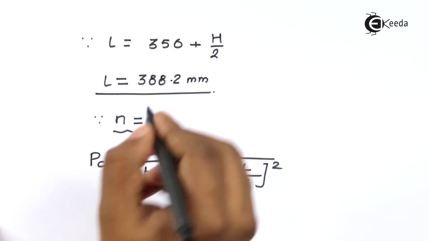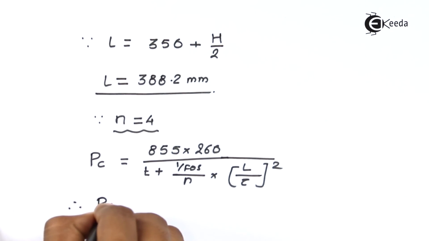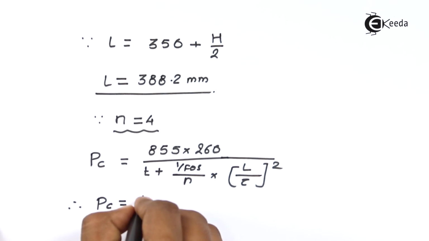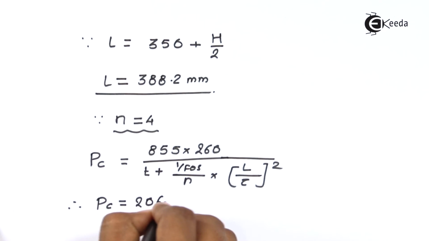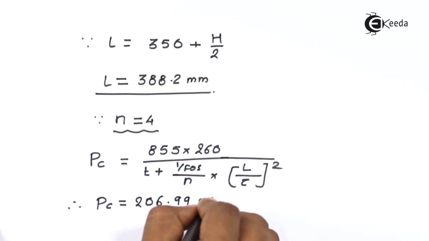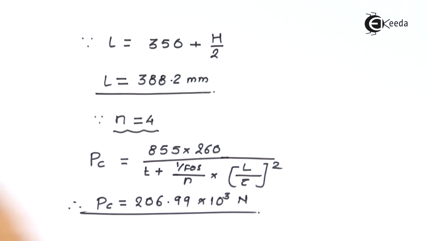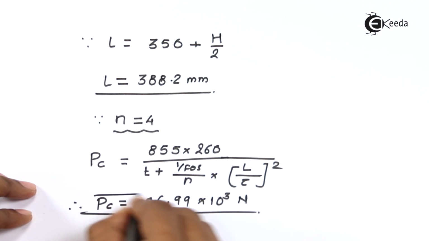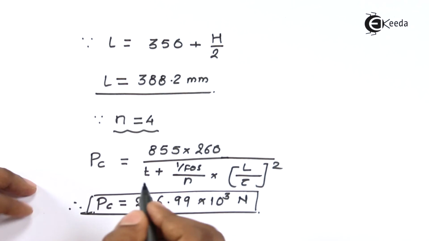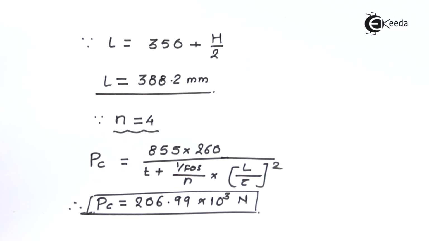If we substitute back the values in this particular formula, we'll get the value of PC somewhere around 206.99 into 10 raised to 3 Newton. So that is the amount of crushing load that is acting on the screw. So there we have found out this value which the screw can actually take up.